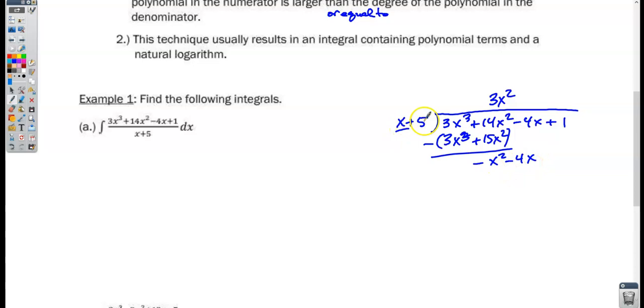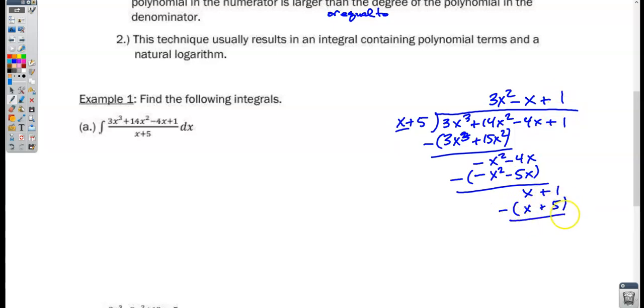I try to figure out what I multiply by x to get negative x squared. That's negative x. I multiply, and then I subtract that away. Gives me x. Drop the next term, and then this is 1, and 1 times x plus 5 is this.